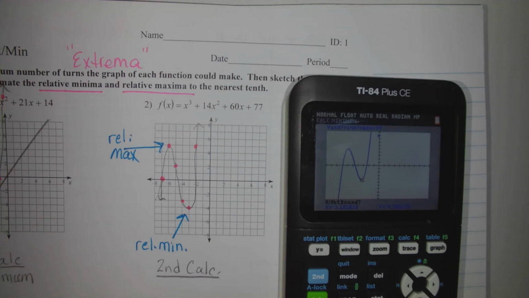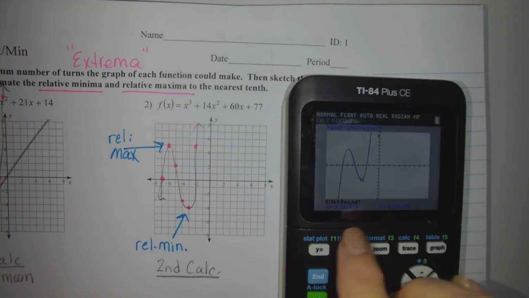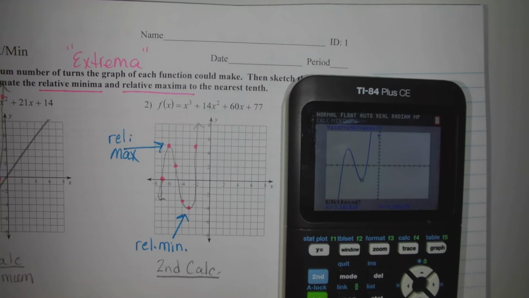Let me see. You should have some X and Y coordinates show up. Yeah, you just gotta move the cursor. Look. -3. There it goes. Just move the cursor and you'll see. Yeah, it's right there. It's blinking.